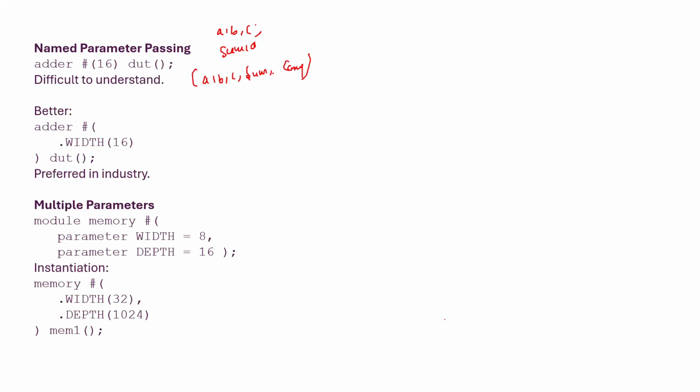Suppose if you write sum, comma, carry first, and then A, comma, B, comma, C next, it will get different values. But in the name-based, dot sum of sum, dot carry of carry, dot A of A, dot B of B.